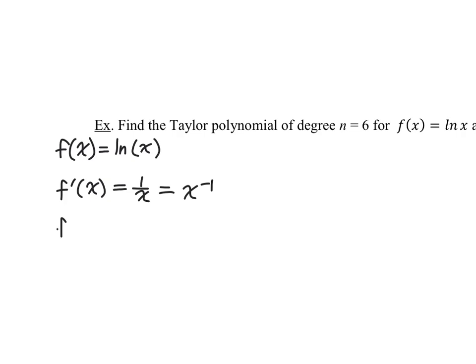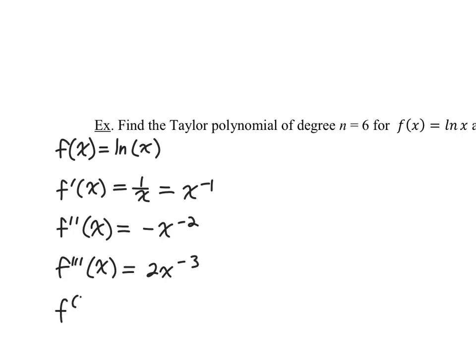Leave a little space. f double prime of x is going to be negative x to the negative second. Triple prime is 2x to the negative third. And you know what, while I'm at it, let me just get one more in there. Fourth derivative.